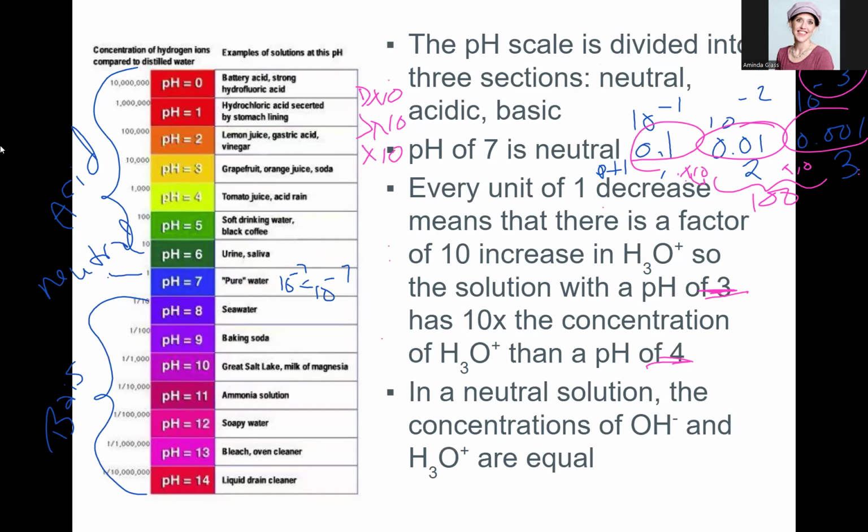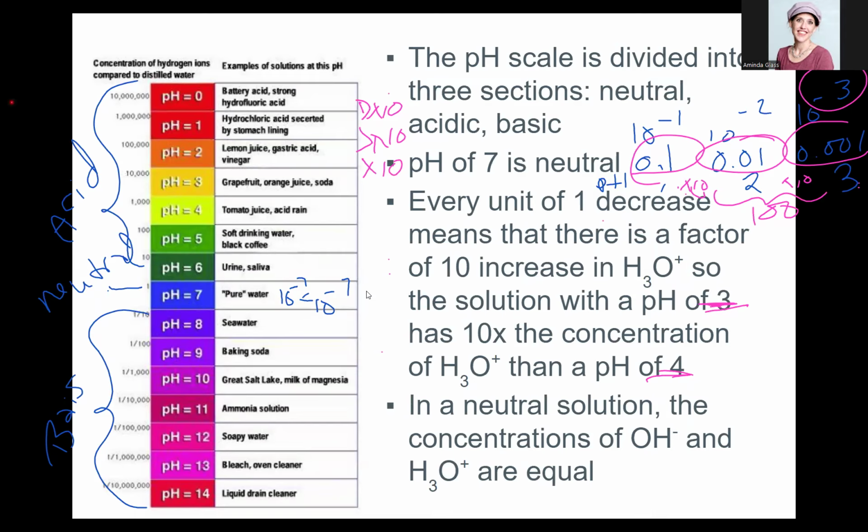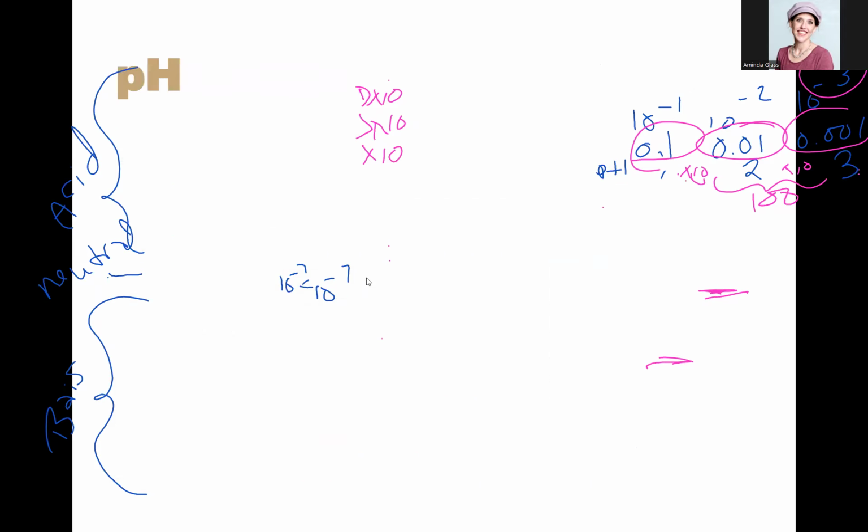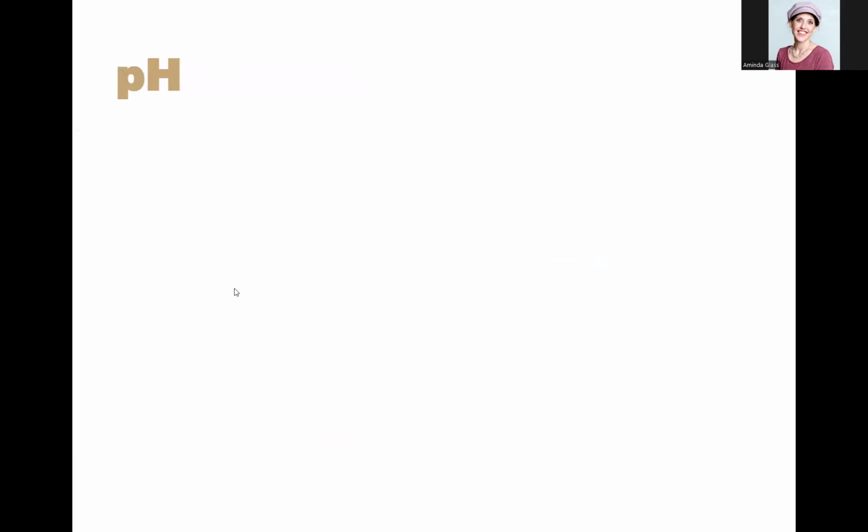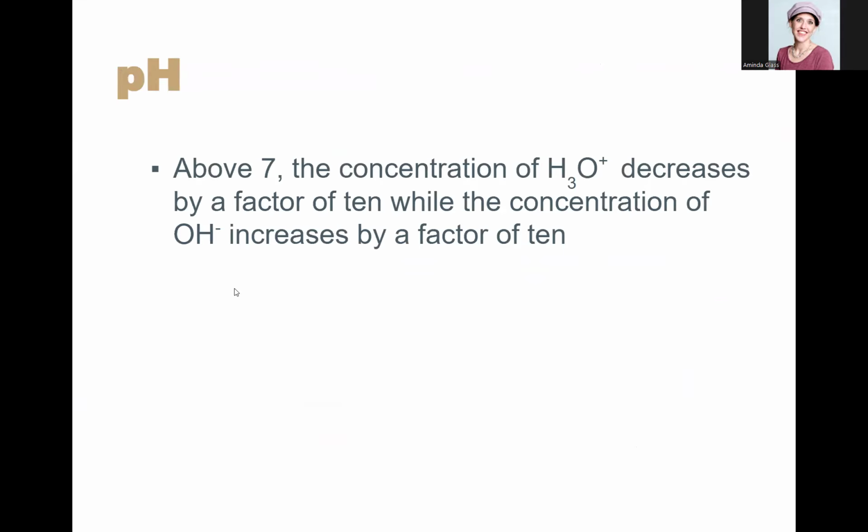Now in neutral solutions, the concentrations of hydroxide ions and hydronium ions are equal, as is illustrated right here. And that's why it's considered neutral. Now above 7, the concentration of hydronium ions decreases by a factor of 10, while the concentration of hydroxide ions increases by a factor of 10.